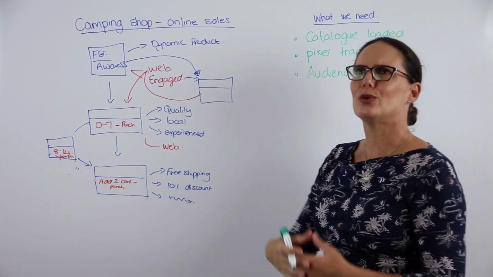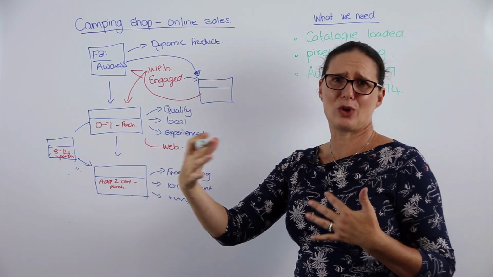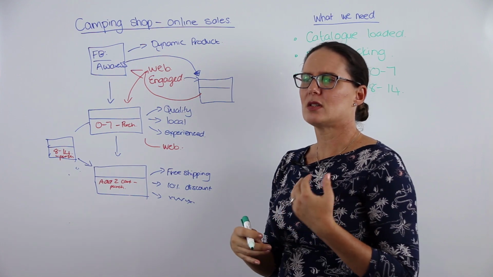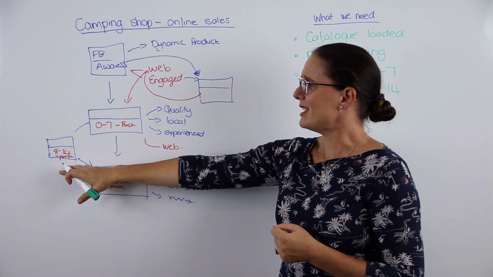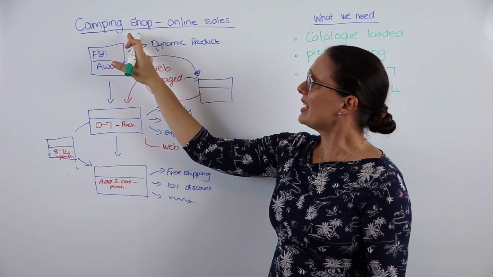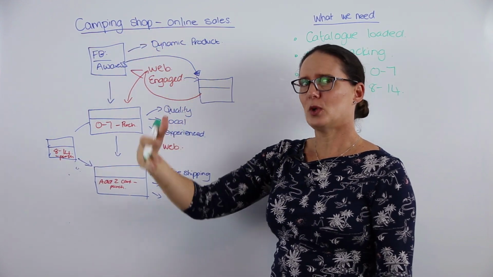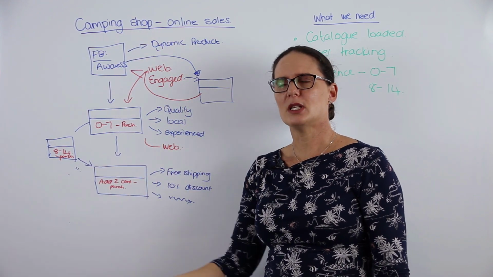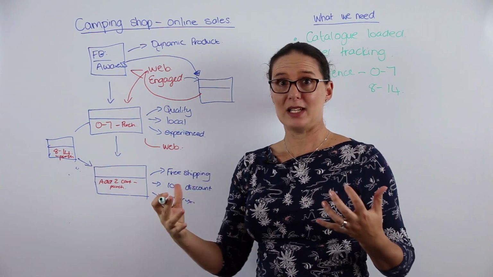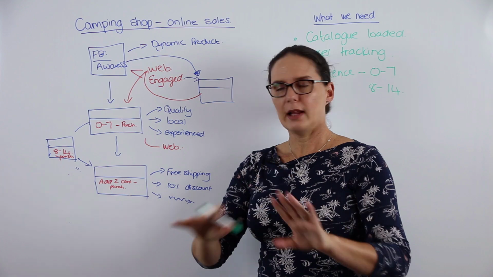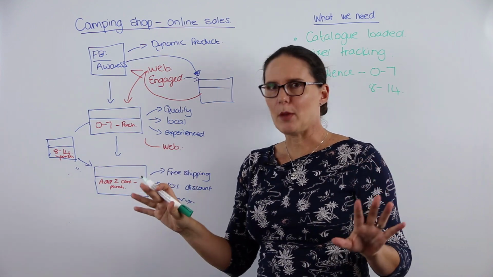Be careful that you don't do too many, especially if you're a lower ticket item, because if people are not interested, after 14 days, in my opinion, for something like a camping shop, if you haven't made that commitment, you probably aren't going to. I'm quite happy to stop spending money trying to reach you. Let it go. Let them fall out of my funnel.